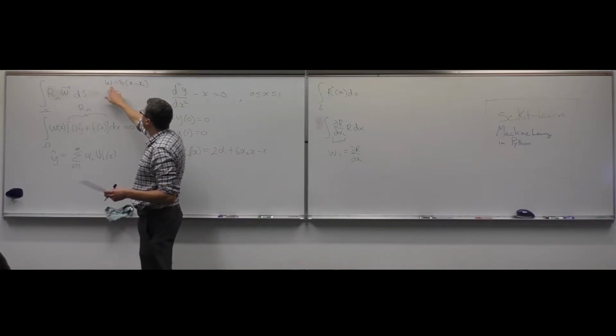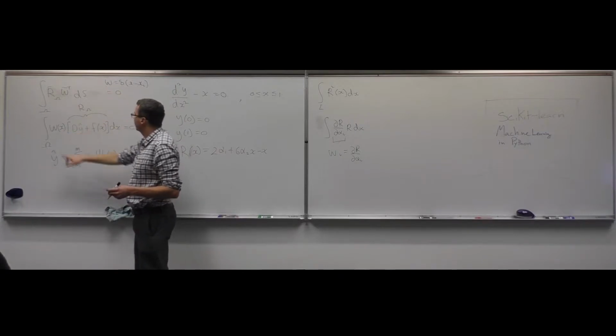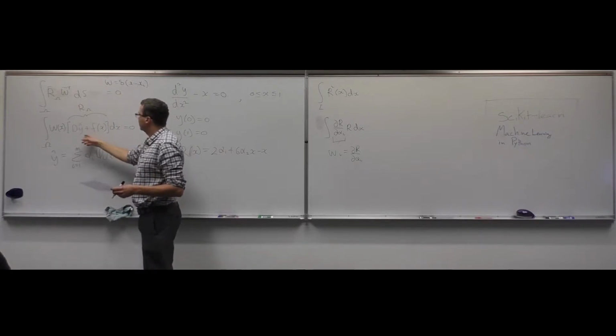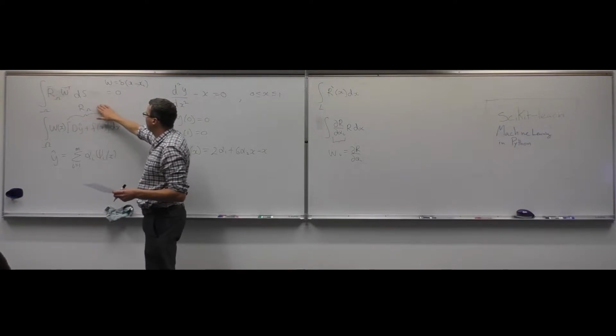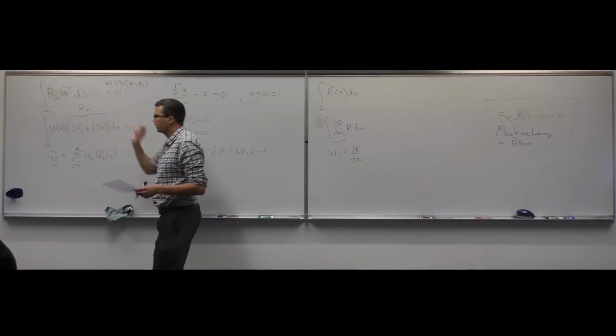So if we chose the weighting function to be the delta function, then basically that means that the objective there would be to make the residual go to 0 at particular points in the problem region.